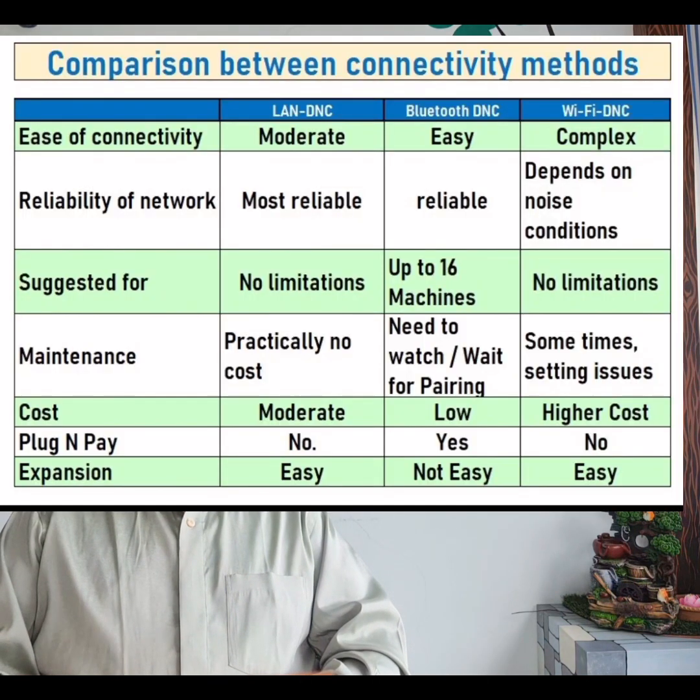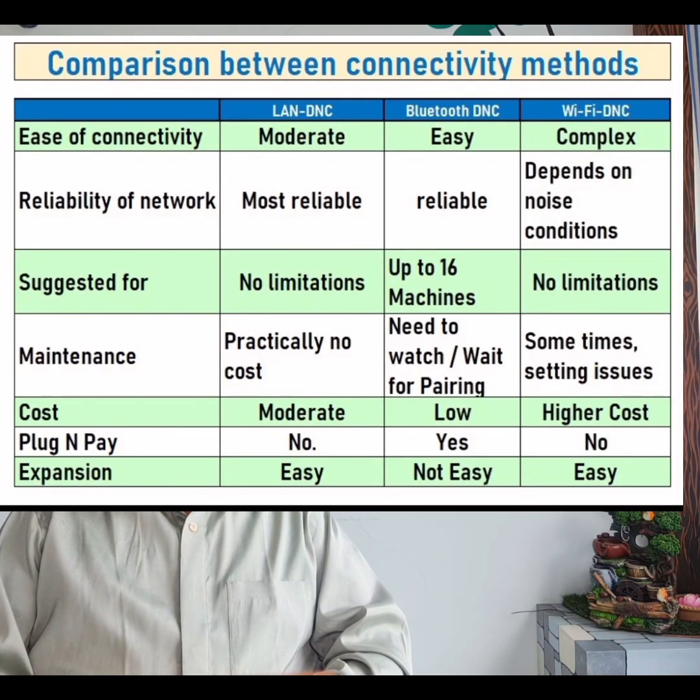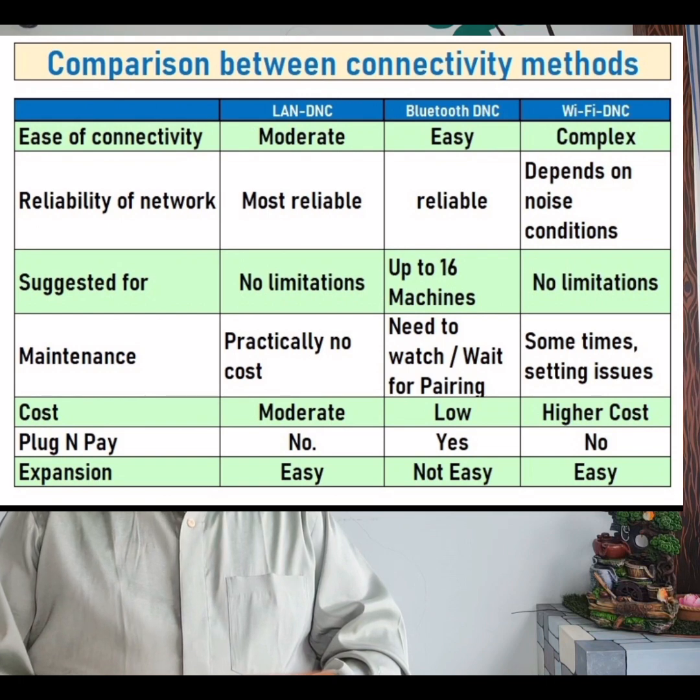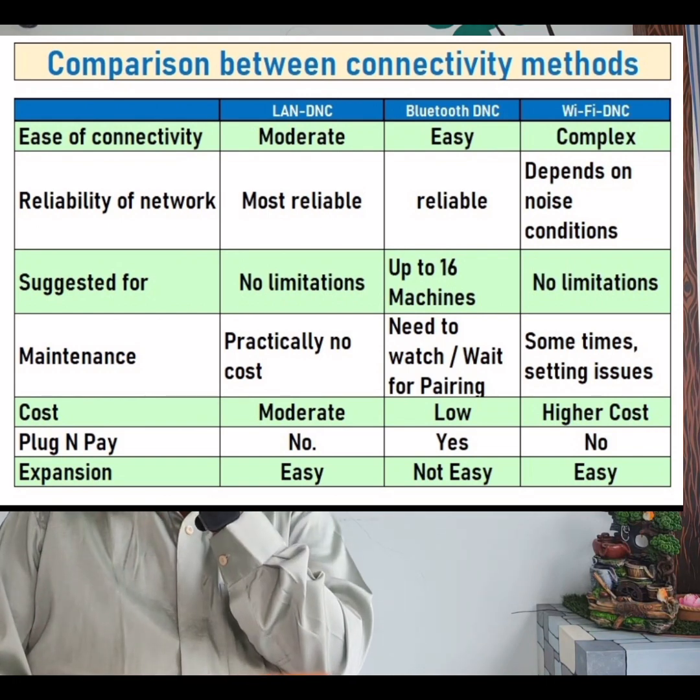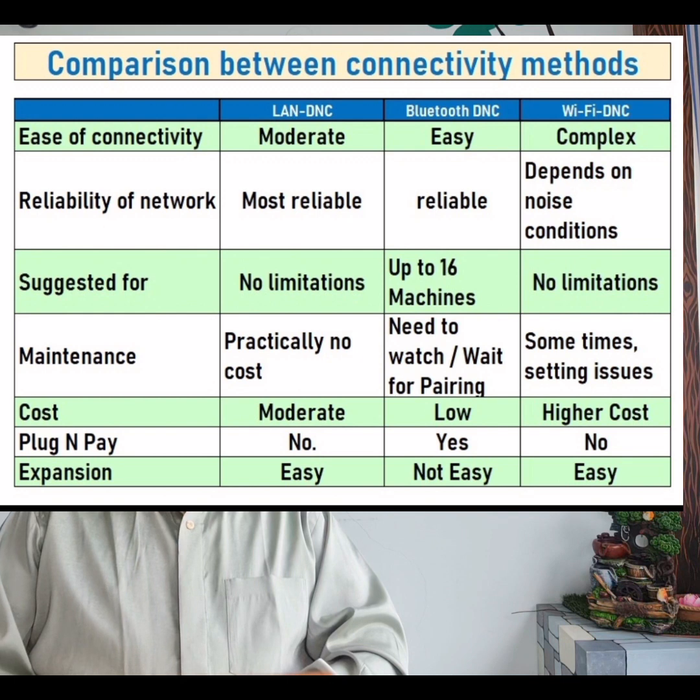In that video itself, we discussed that Bluetooth is a very powerful protocol where nobody can hack or enter into your network system. This is a very secured protocol, even more secured than the Wi-Fi protocol. Then we discussed Wi-Fi technology, where the number of machines is large.